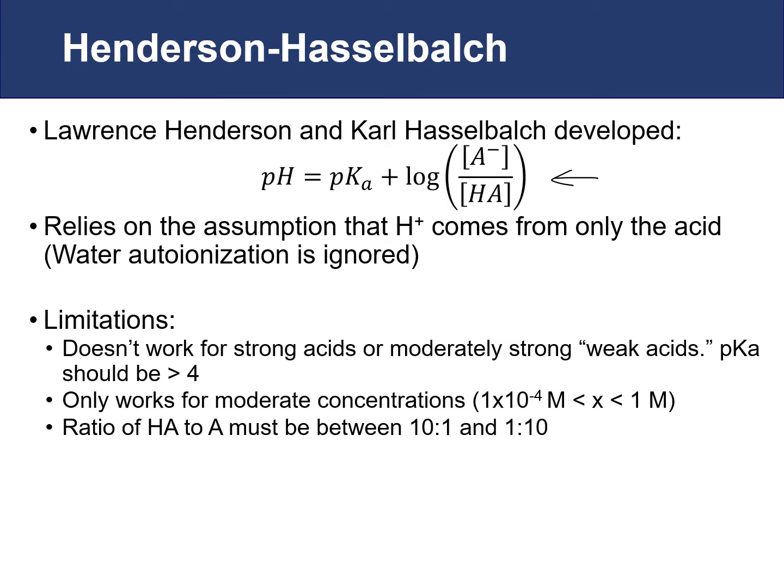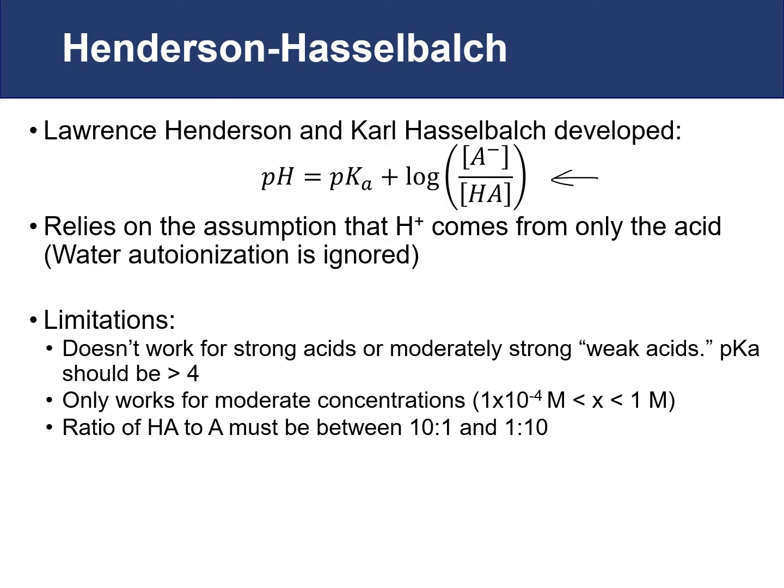Some of the limitations of the Henderson-Hasselbalch equation are based on how it gets used. It doesn't really work for strong acids, because the Ka is so large that the acid completely dissociates, so you're not really establishing much of a dynamic equilibrium. Also, for moderately strong acids, those where the Ka value is bigger than about 1 times 10 to the negative fourth, some of the underlying assumptions break down.